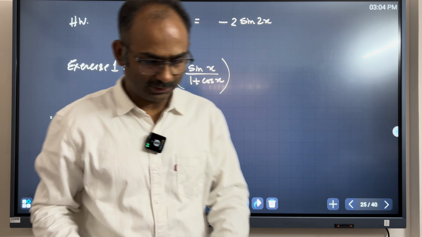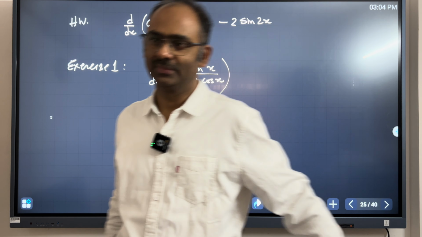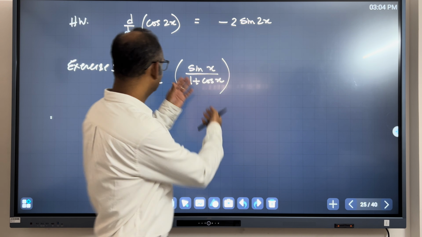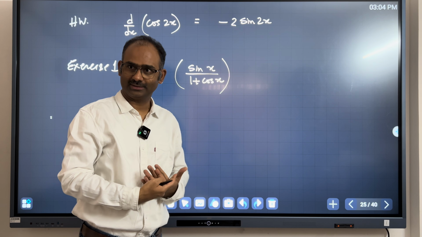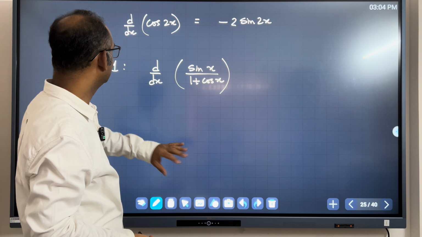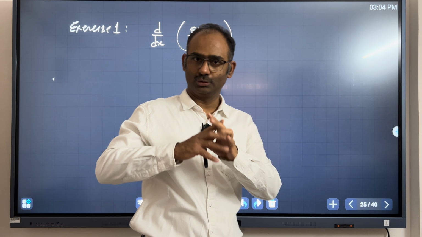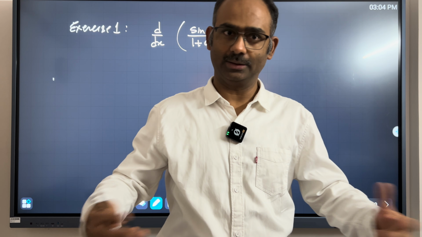You know what smart people do? They make their own exercises. They don't wait for others to give something. You can come up with similar things. So let's find the derivative of this using the rules now. We are not going to do it ab initio. We are not going to take limits.